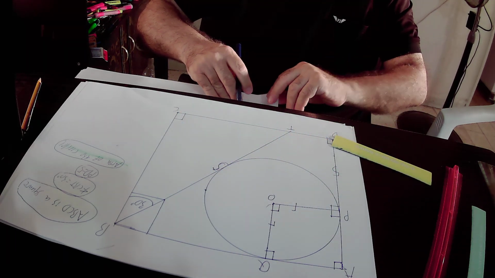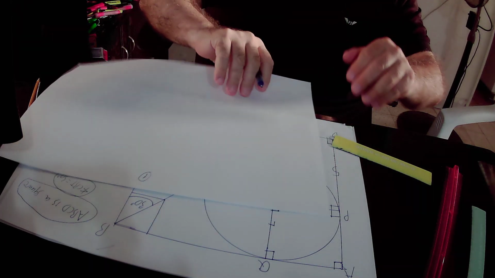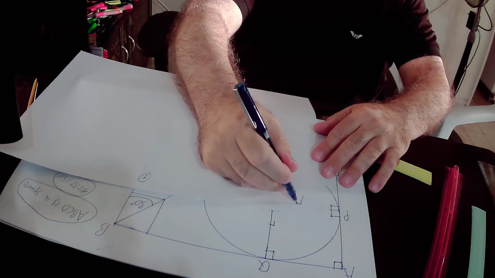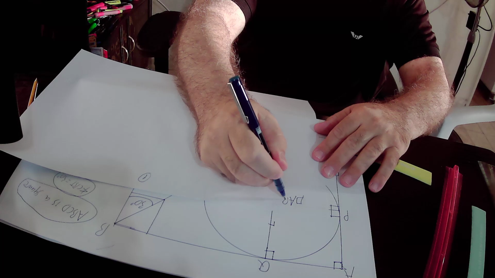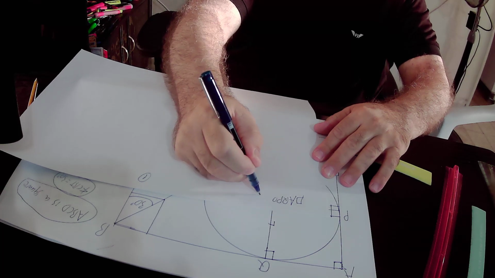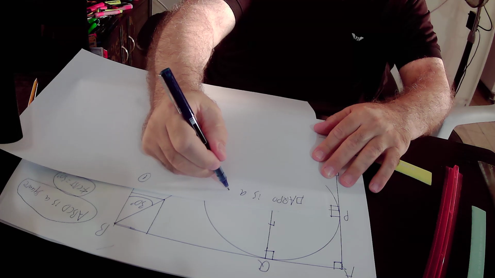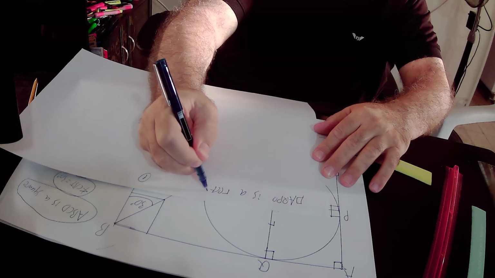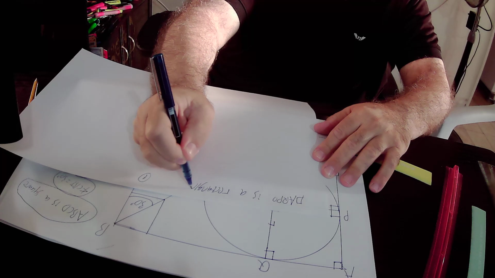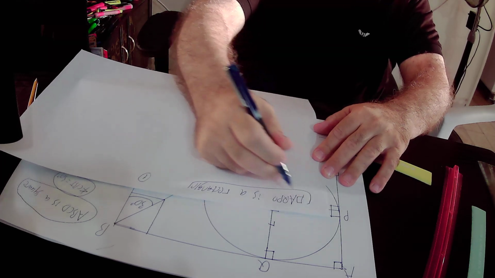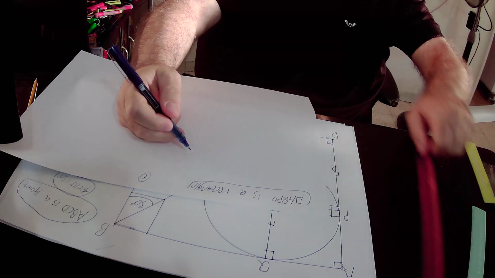So I write it down. Quadrilateral AQPO is a rectangle. Why? Because it has 4 right angles. And we also note that the opposite sides of a rectangle are equal to each other.